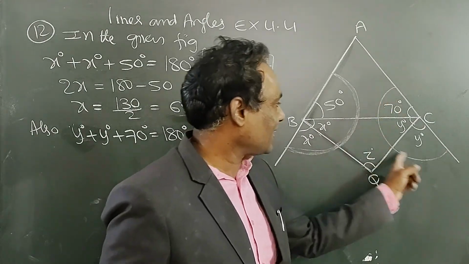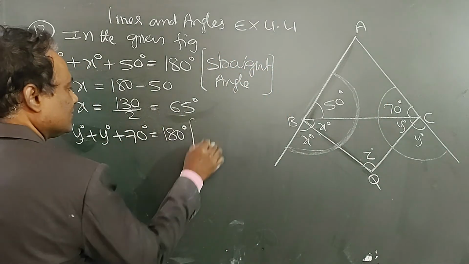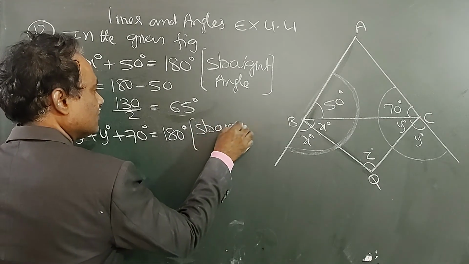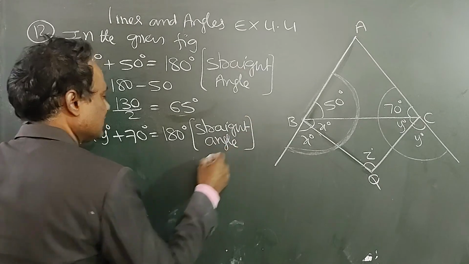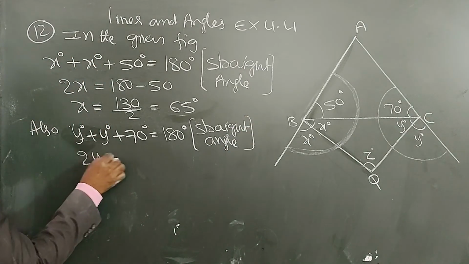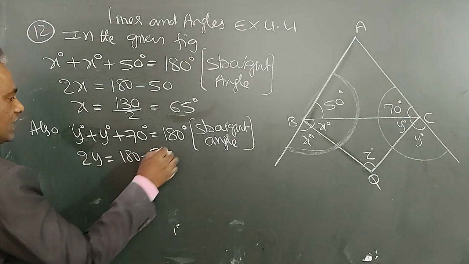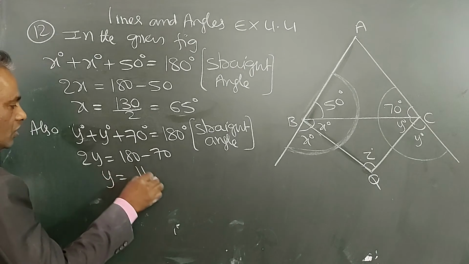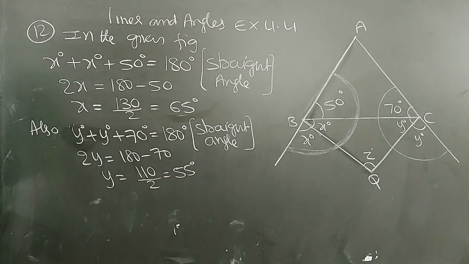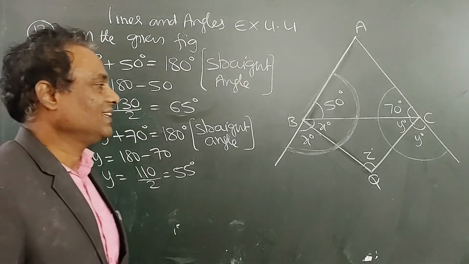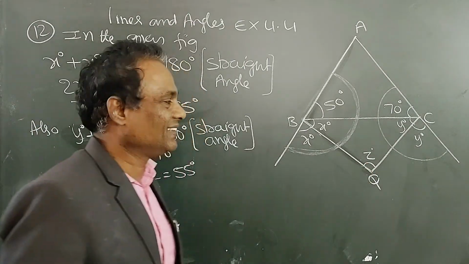Angle on a straight line is 180 degrees. Y is equal to 180 minus 70, Y is equal to 110 by 2, 55 degrees. This angle is asked.